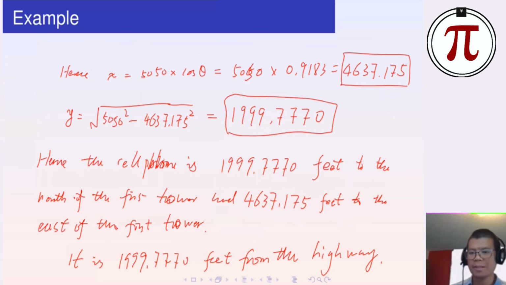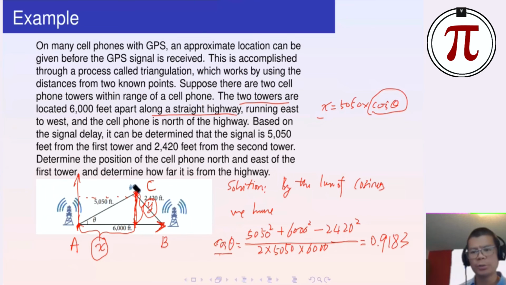Easy? This example is a real life problem. We just need to interpret the problem and translate it into a trig problem. Using the law of cosines, we can find the cosine of theta, and everything else can be found easily.